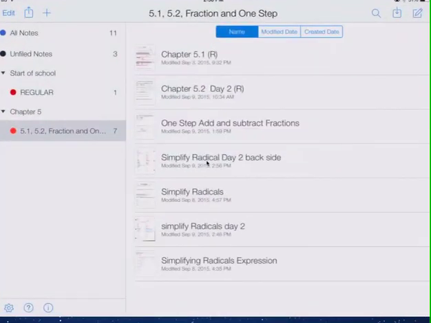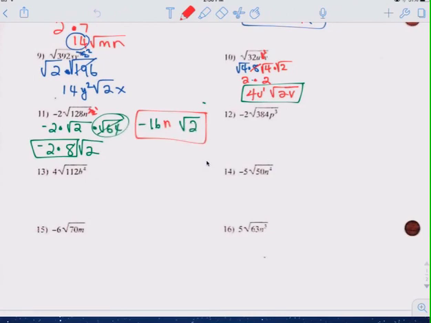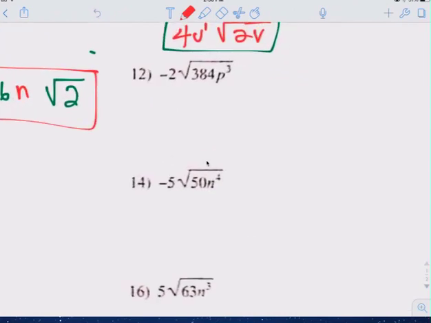Oh gosh. So this is negative 2 times radical 4, right? Times 96. I don't think anything can. Now let's try 4 and 96 again. 96 is such a big number.